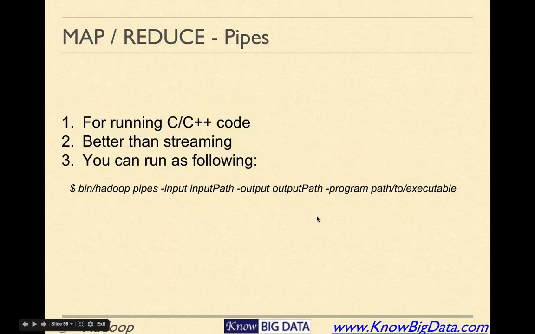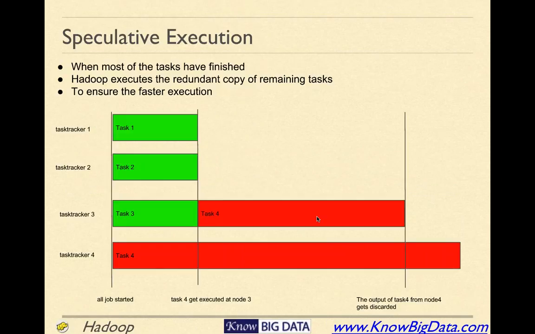All right. Now this is a very interesting aspect of Hadoop. It's called speculative execution. It would be unfair to give equal work to all the nodes.